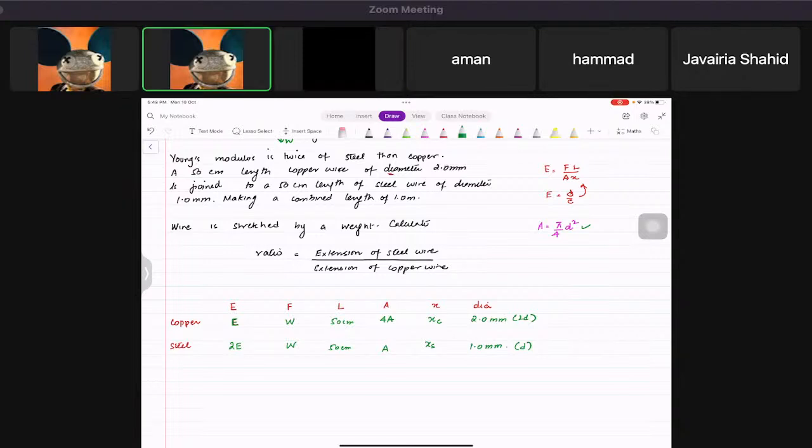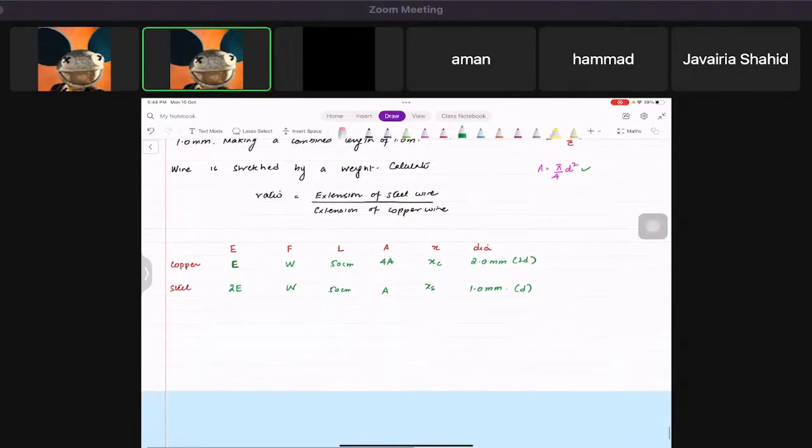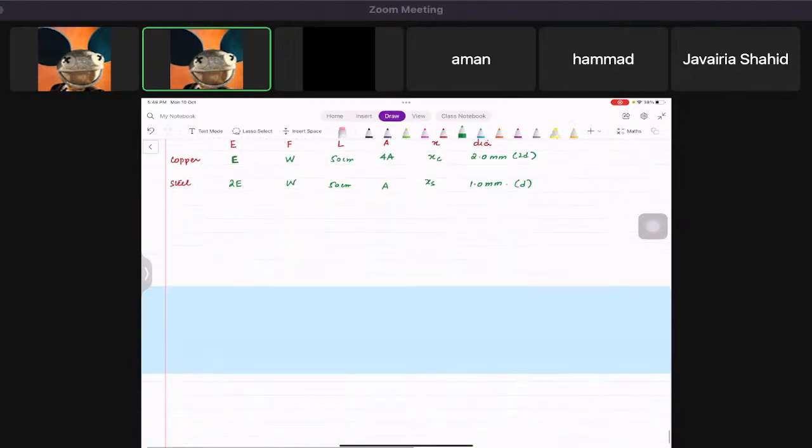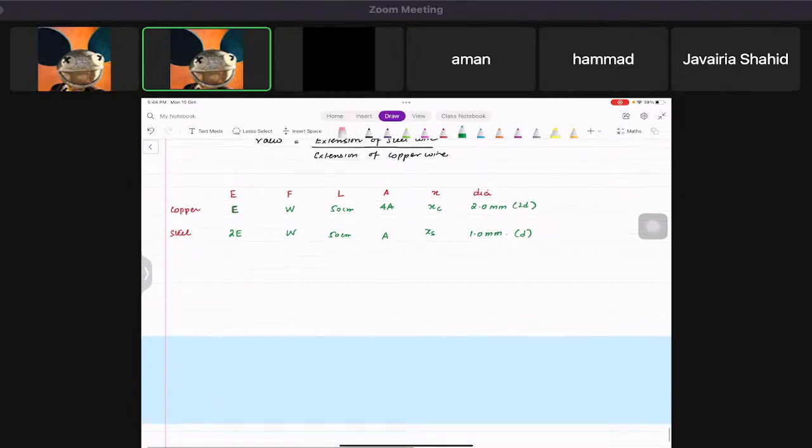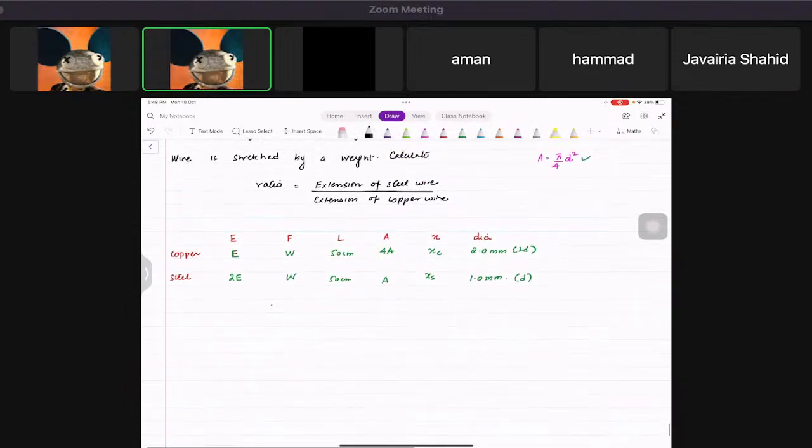Now what do I need? The formula is E equals FL over AX, and I need X. So can I say X is equal to FL over AE?